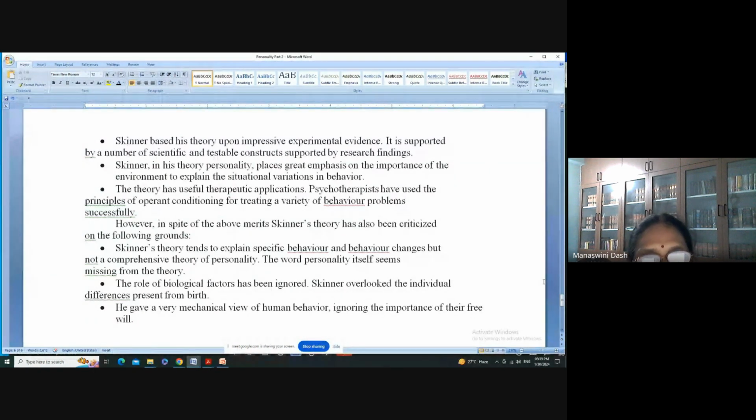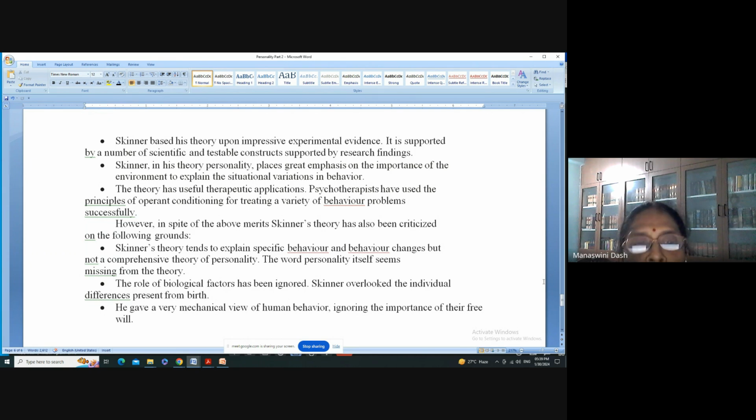So the theory is very scientific and objective. Moreover, Skinner, in his theory of personality, places great emphasis on the importance of the environment to explain the situational variations in behavior.